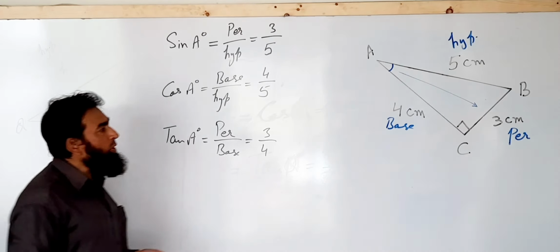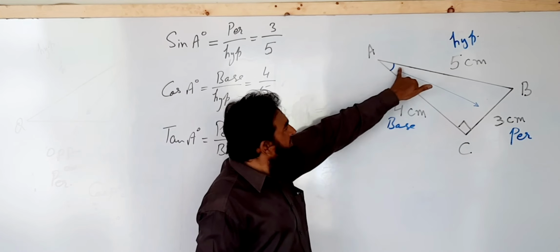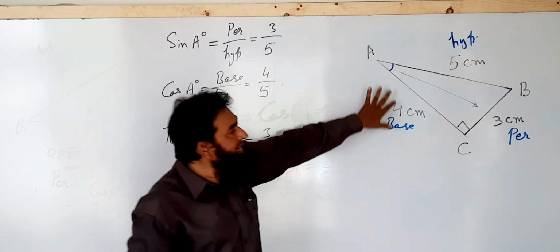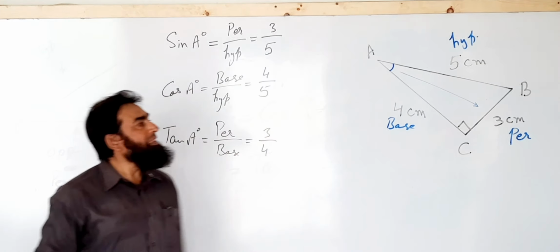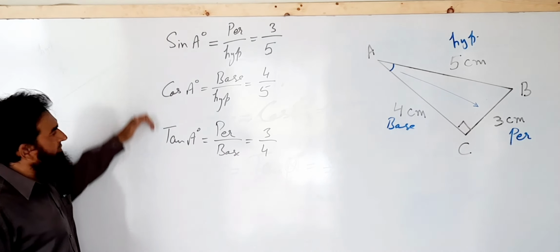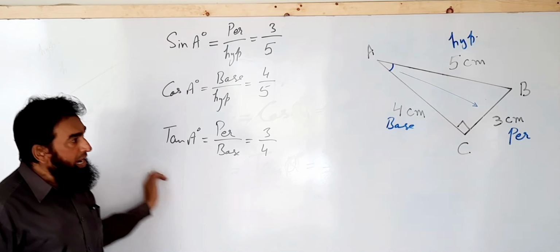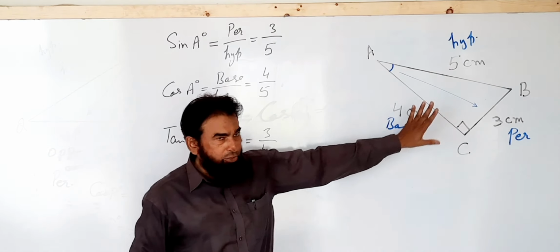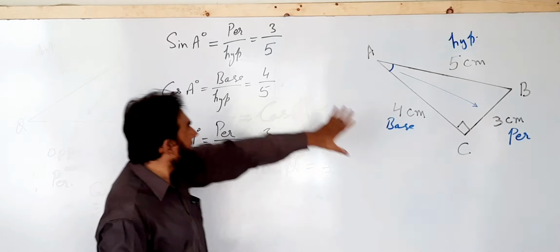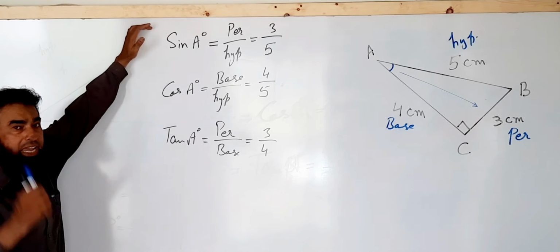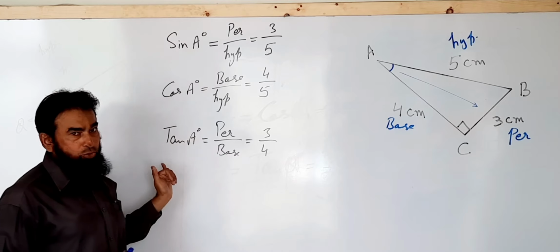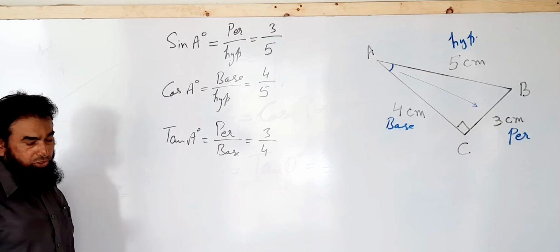Now, if you are required to find out the measure of angle A, what can you do? When all three sides are given, to find out angle A you can use any of these trigonometric ratios. If perpendicular, base and hypotenuse are all given, you can use either the sine ratio, cos ratio or tangent ratio.